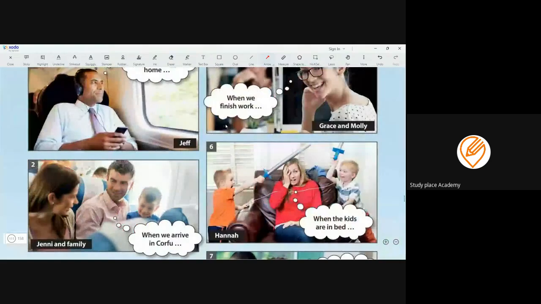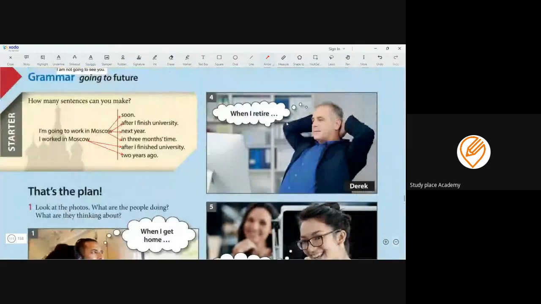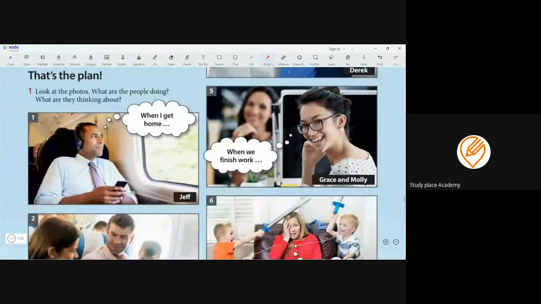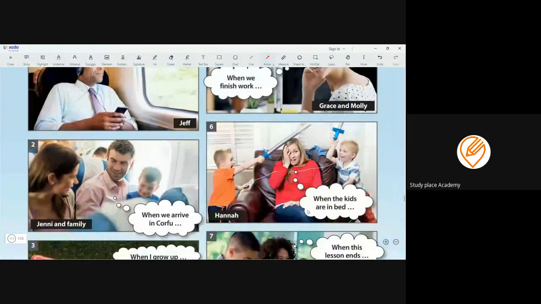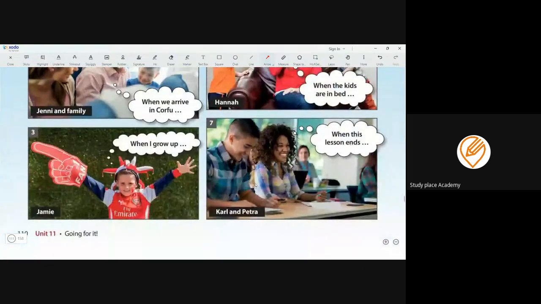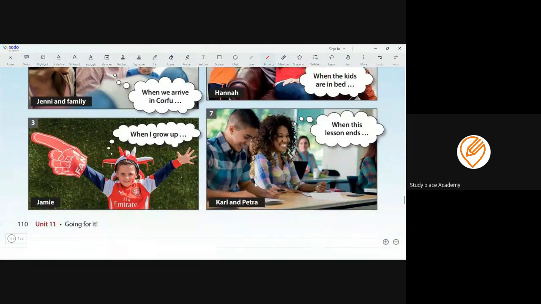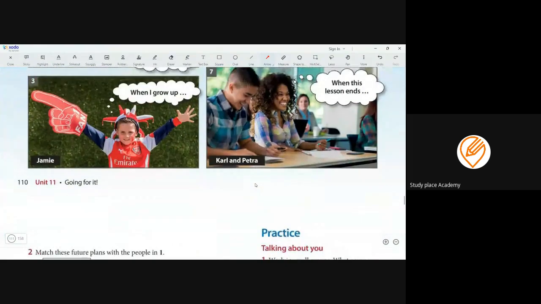And when I retire, oh my God, he wanted to retire. He's going to enjoy his life. He's going to do whatever he likes. When we finish work, I think she and her friend are going to have a drink, for example. When the kids are in bed, maybe she is going to have some time to watch TV or anything. When this lesson ends, I think because there are children and there is school, they are going to go home. So we are going to figure out which plan goes to which person.